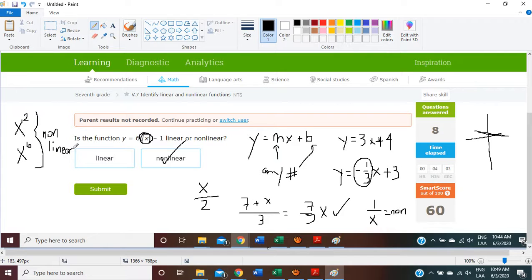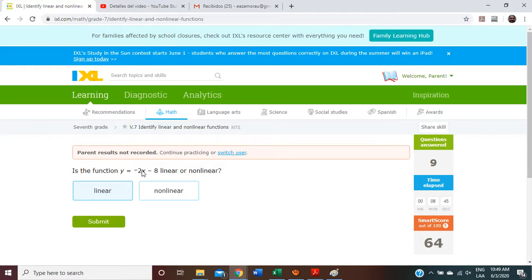If you don't see an exponent, it means that it has exponent of 1, and it implies that it is a linear function. Okay, so in this case we don't see any exponent right here, so it means that it is a linear function. These are the functions that we have been working on, linear functions, no exponents. So we choose linear function, and that's it.